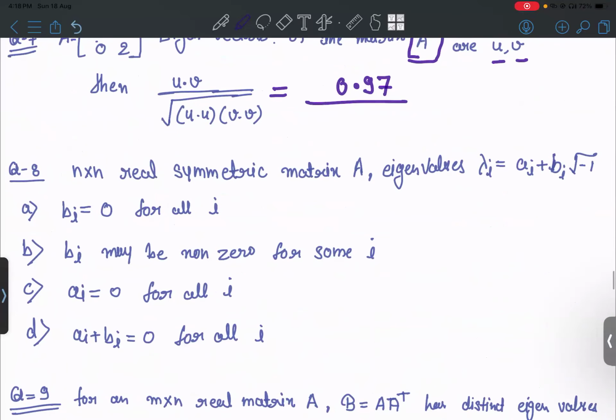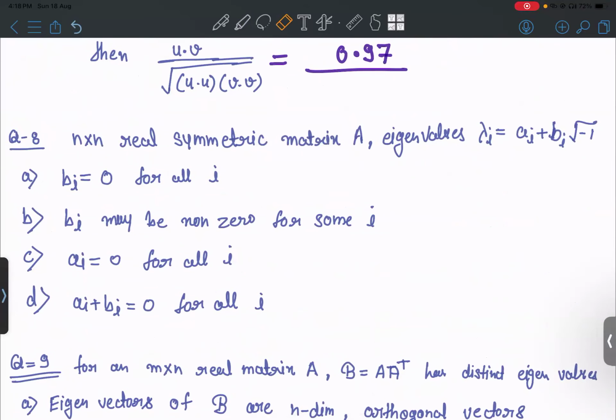Now the eighth question. Suppose we have an n cross n real symmetric matrix A, and it has an eigenvalue a plus bi, where i is under root of minus 1.